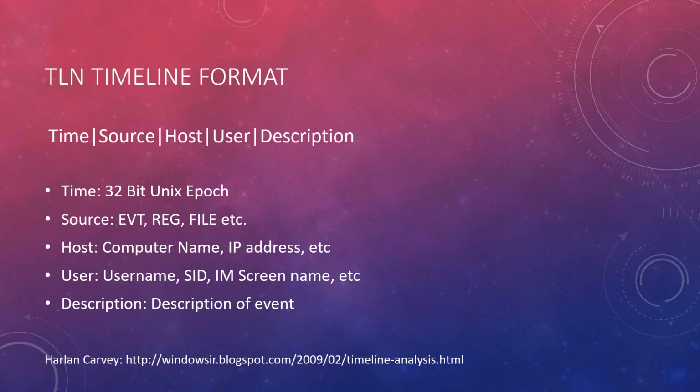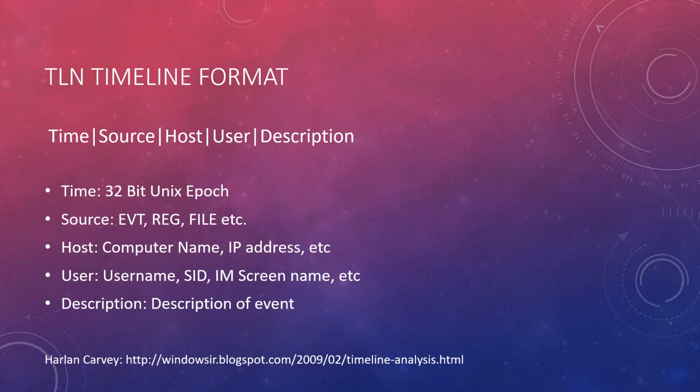So this PLN format has the time, which is a 32-bit Unix or epoch timestamp, and the source it came from. That would be your event log, your registry, your file. Maybe it's firewall logs. It doesn't have to be just the 3 artifacts we're discussing today. It's whatever makes sense for your case. Maybe it's NetFlow data.